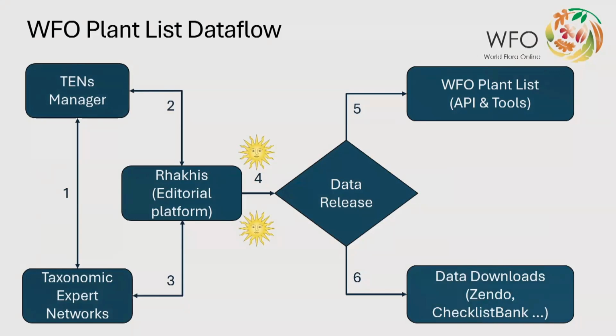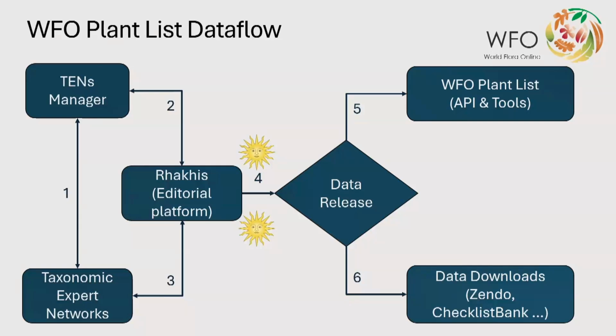The TEN manager is also responsible for making updates directly in RACUS and is responsible for tasks like data cleanup, deduplication, and other database administrative tasks. So there's constant coordination, communication between the TENs and the TEN manager.